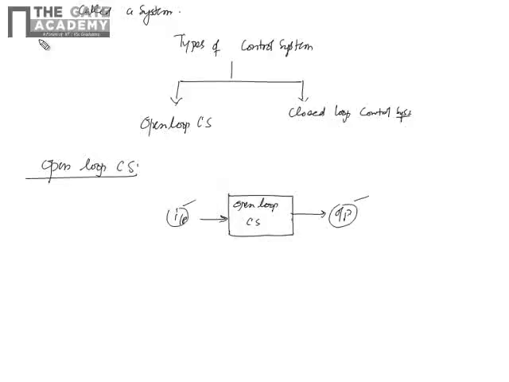Then it's called an open loop control system. That means there is no feedback from the output to the input, right? Then what is the advantage of this one? First we'll see what the closed loop is. Then we'll compare both closed loop and open loop systems. Closed loop control systems.